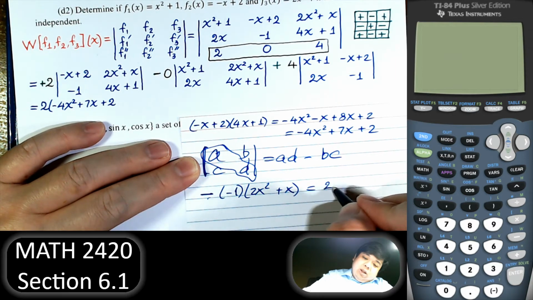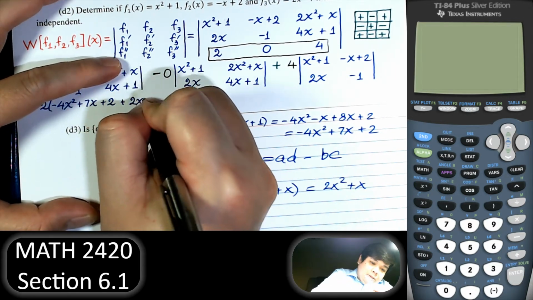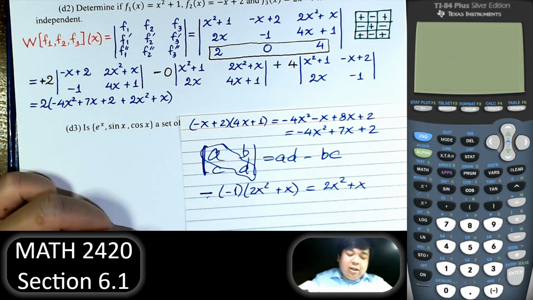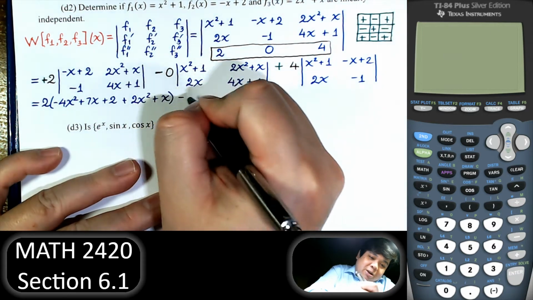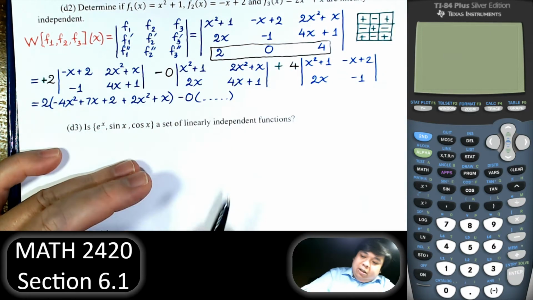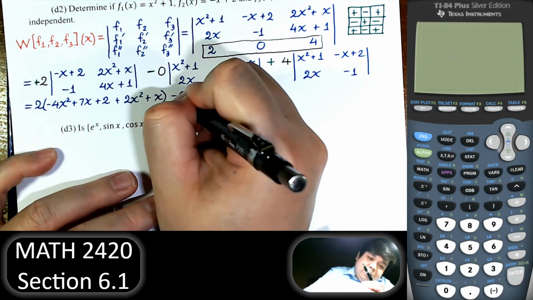That gives us 2x squared plus x. Right. Next, minus 0. Now the nice thing about 0 is it doesn't matter what is inside, it will be 0.